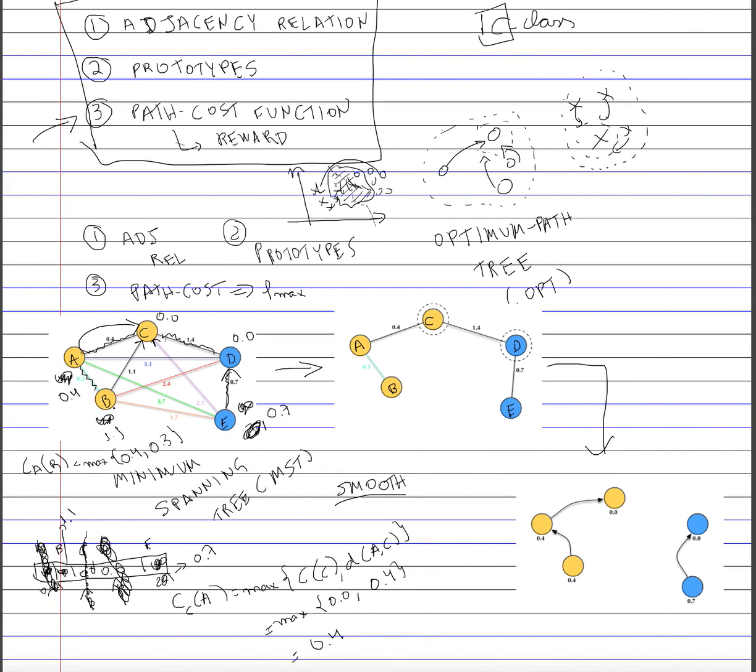So the new cost of sample B is going to be 0.4. Right? So B has now been conquered by sample A. So we just need to remove this arrow here and make B point to sample A. And then the last sample to come out of the queue is sample B.